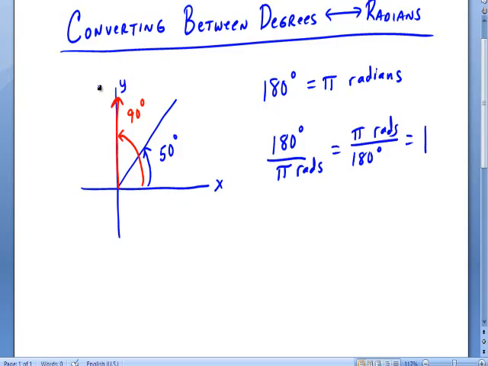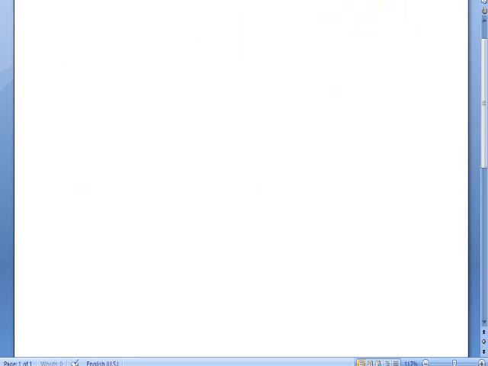For example, if I look at 270 degrees, and I'm interested in converting 270 degrees into radians, I would multiply by pi radians divided by 180 degrees, and with a little bit of label cancellation, we can see that those degree labels would cancel off, and I would be left with a radian measure.